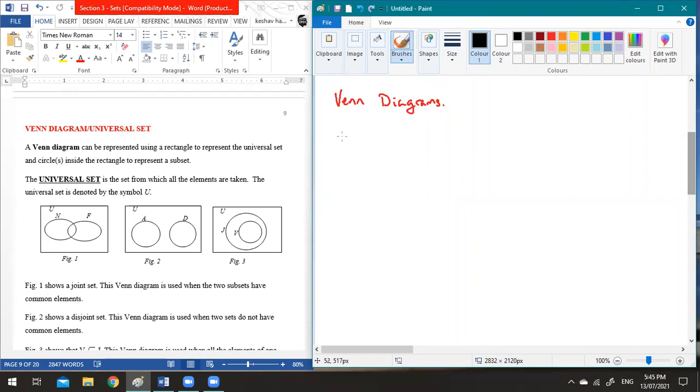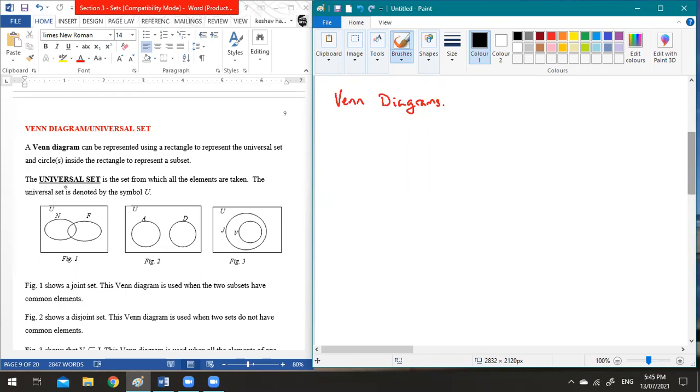Venn diagrams are drawn with a rectangle representing the universal set and circles that represent the subsets within the universal set. So if we go with this definition here, a Venn diagram can be represented using a rectangle to represent the universal set and circles inside the rectangle to represent a subset, right?